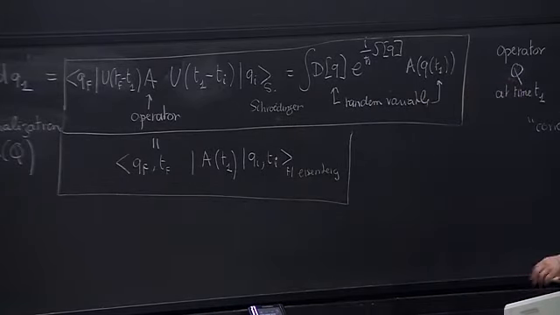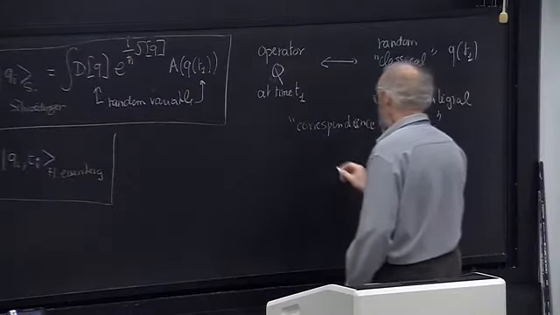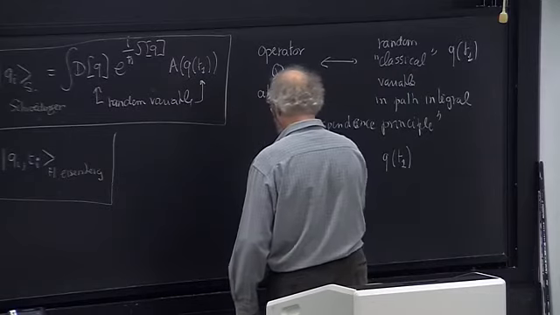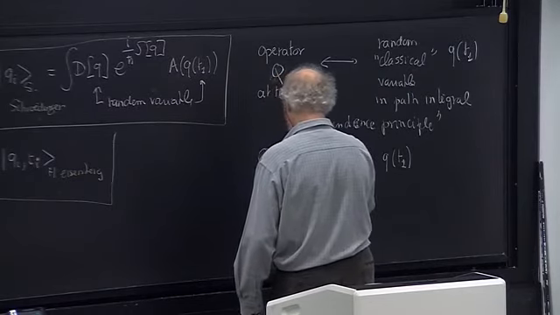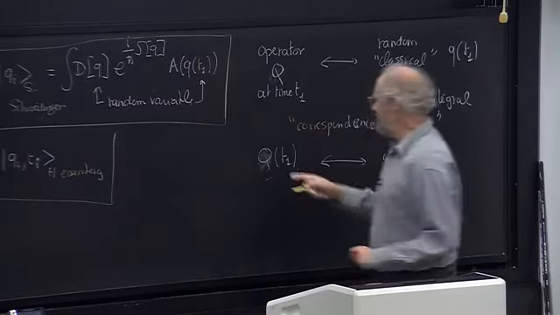So you see that the dictionary, in fact the correspondence principle, is that Q of T1 is associated to the operator A, or let's say Q of T1 in the Heisenberg representation.